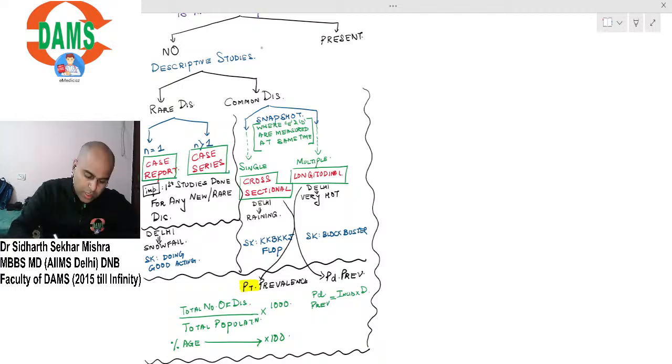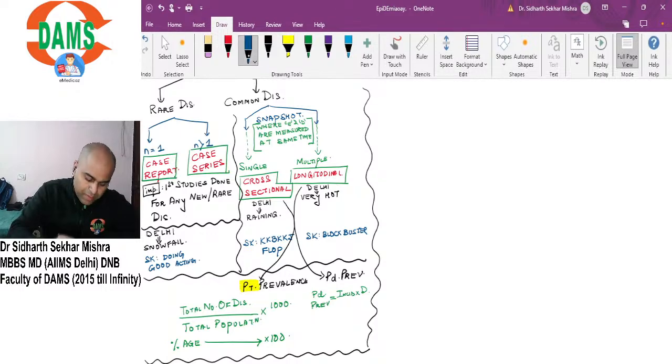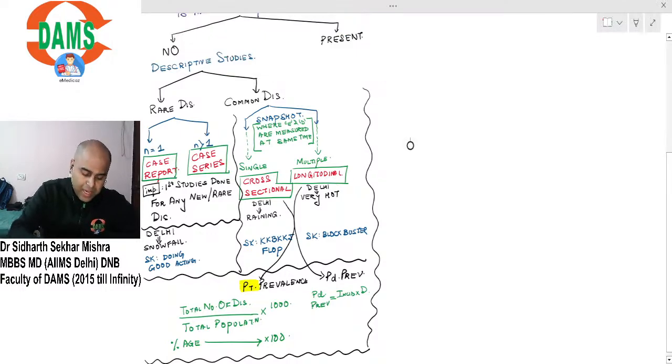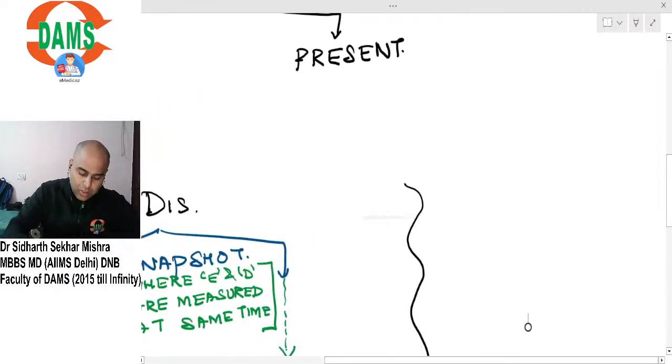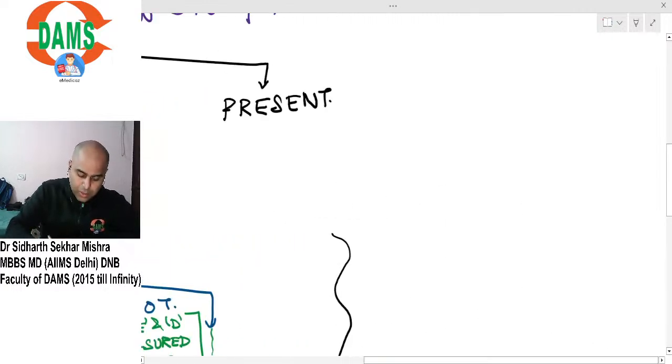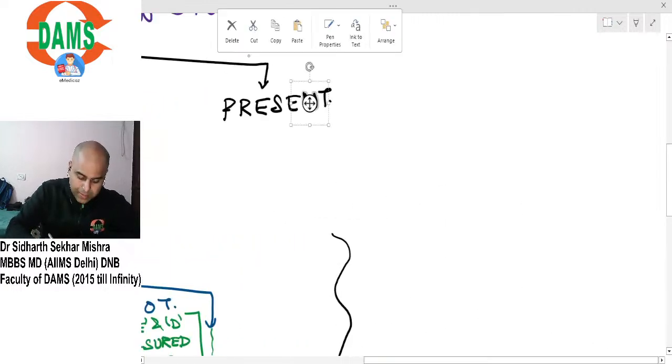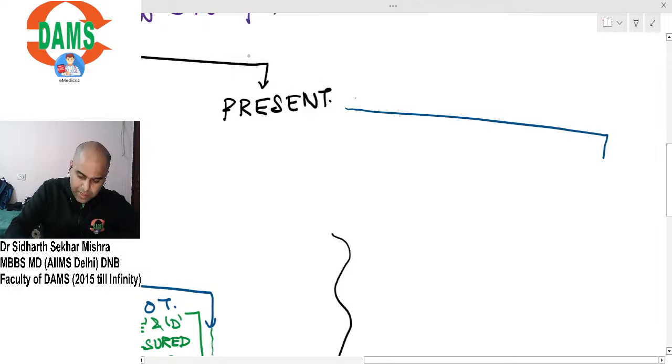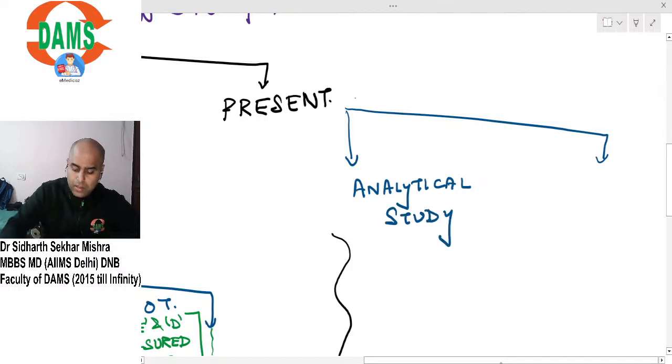Because now we will look into the next block where we are seeing the comparison group. Now, comparison group present, it can be an analytical study or an interventional study.